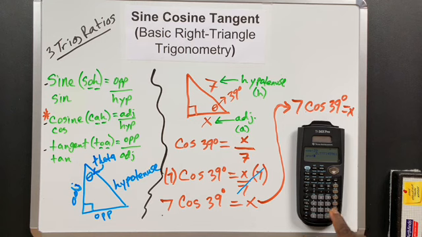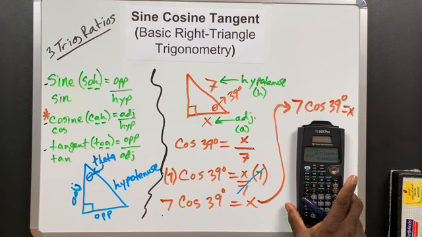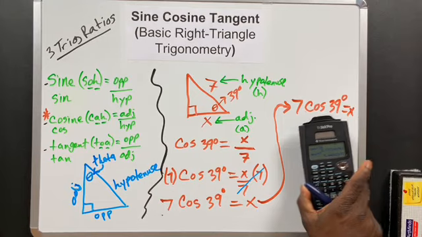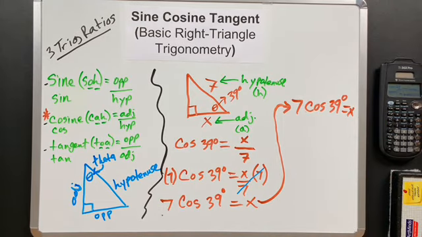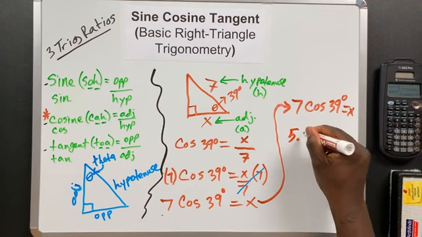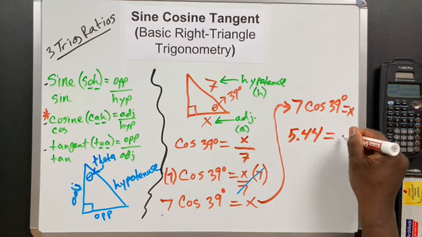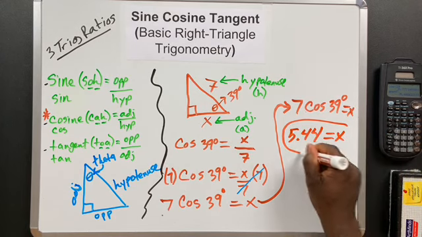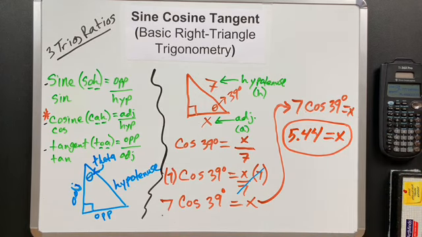So I hit times 7, and then I get an answer, 5.44002173. So we're just going to round that, okay? And we're going to round it to 5.44 equals x. And this is our final answer, okay?